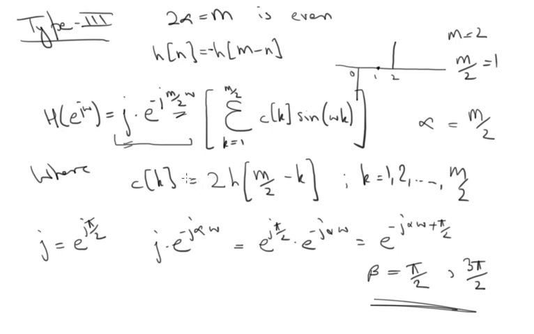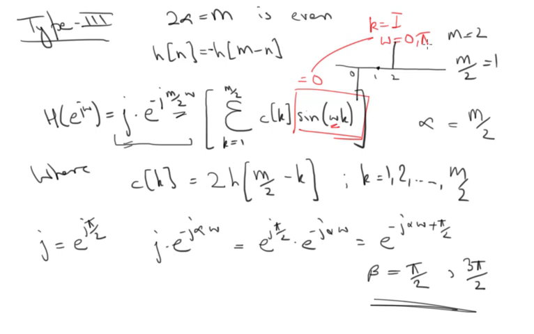Now here, if you observe, this sine omega k will always be 0 for all k belonging to integers, and omega is either 0 or pi. Because if omega is equal to 0 here, sine 0 is always 0.